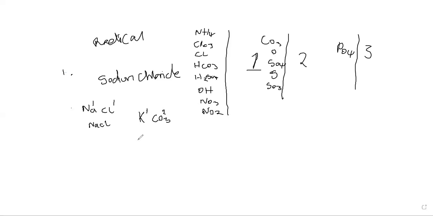Potassium, this one will be here. If you don't want to exchange, you can just write down potassium has a valence of 1, carbonate, valence of 2. You cross multiply. K times 2 will be K2. CO3 times 1 will be CO3. So this is the formula for potassium carbonate.